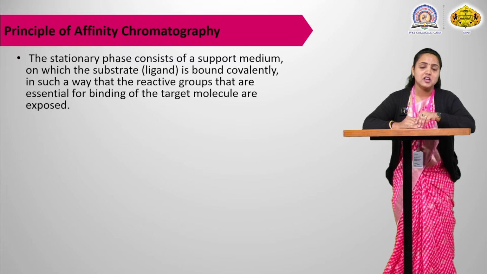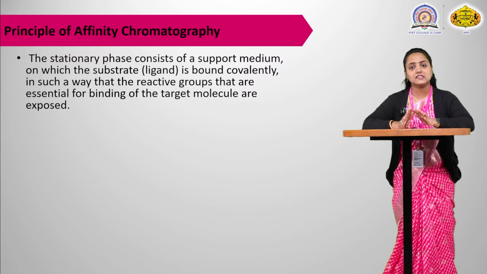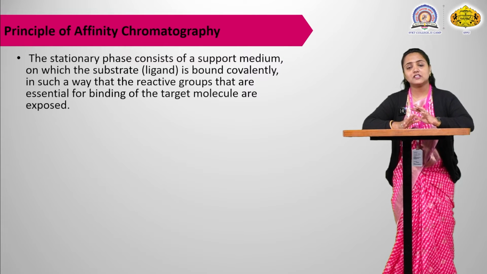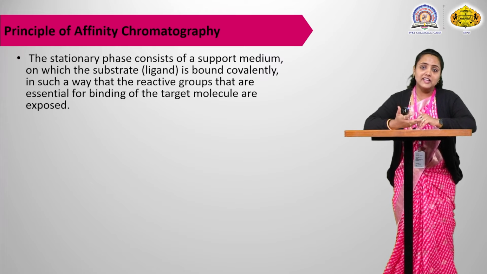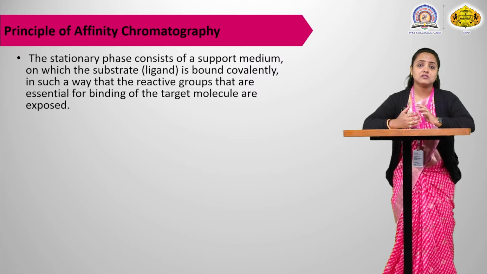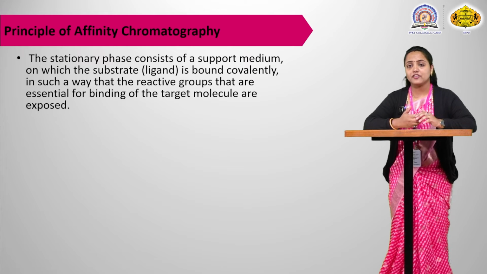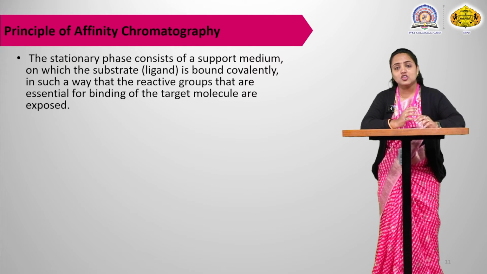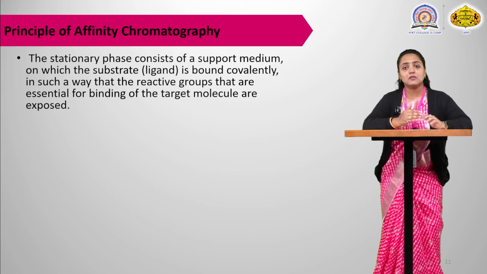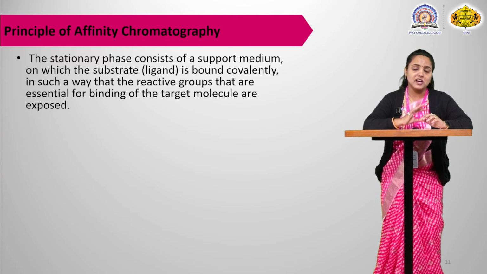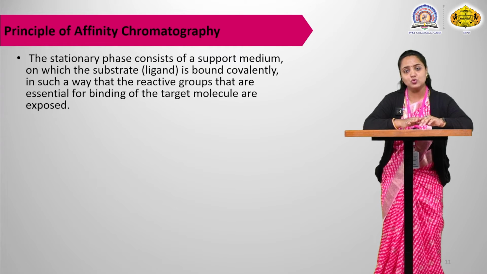The stationary phase is your matrix, and the mobile phase is the ligand you are going to use, because it moves towards your protein or enzyme of interest. The stationary phase is the matrix you have used in that column.